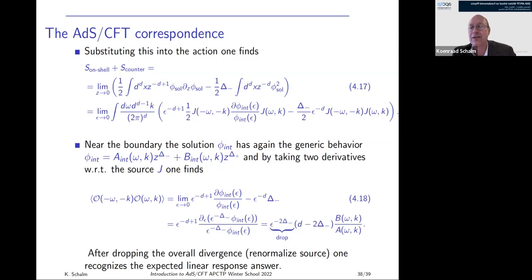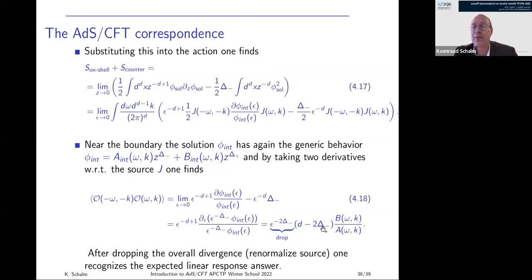Here, it's very similar, even though technically there's an extremely involved step with renormalizing sources. The end result of that technical issue is that you just drop the overall divergence and you're done. And so you just drop this and you precisely get the following object.